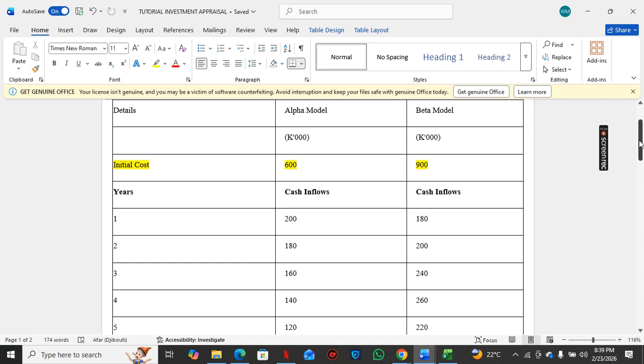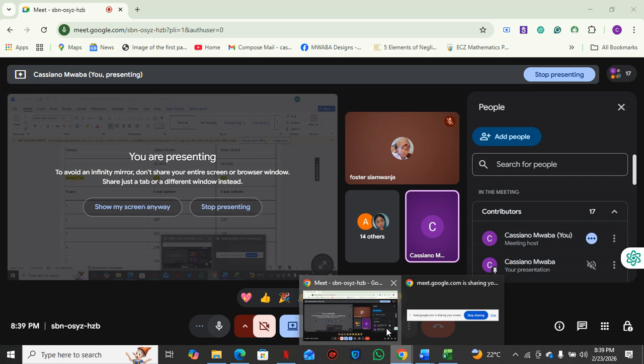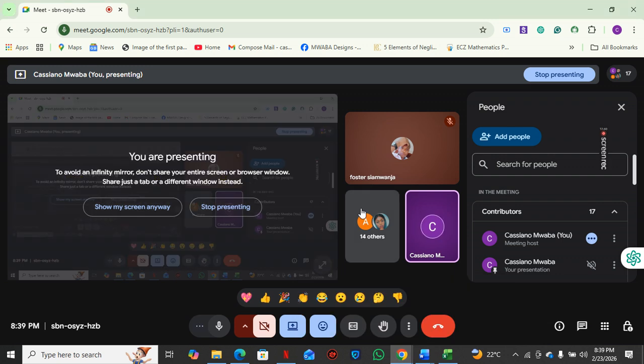So we're using the internal rate of return technique, Mr. Foster, which just gives you your annual rate for your project. Colleagues, just remember it as that. You make life easy. Think of it as the annual rate of return from the project.